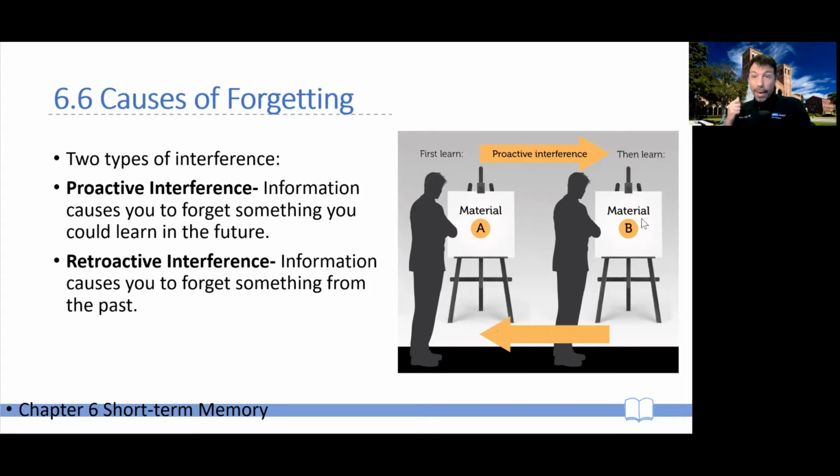So when things you've already learned interfere with new things you're learning, that is referred to as proactive interference. Conversely, when information that you learn now leads you to forget information that you studied earlier, that is known as retroactive interference. So the new elements you study interfere with the old ones you already knew.